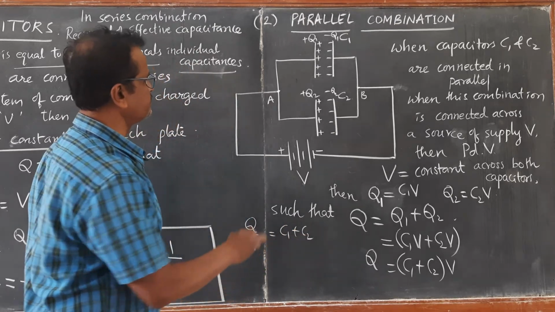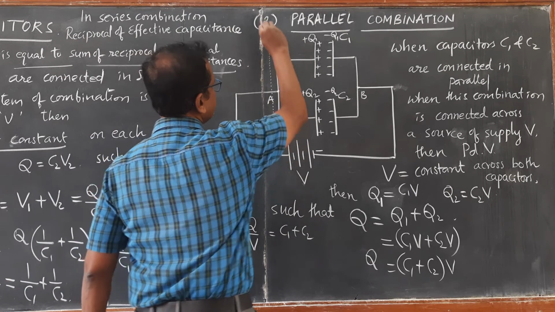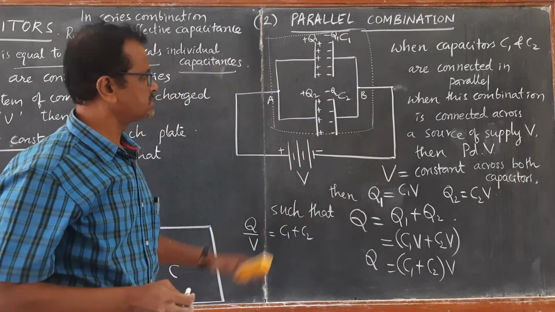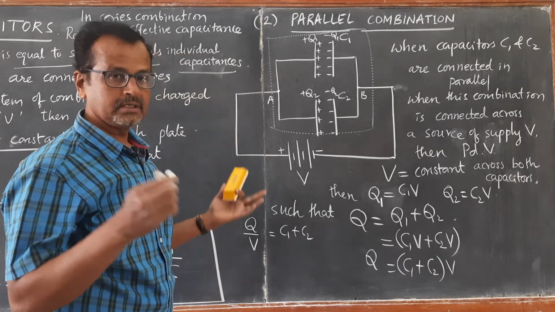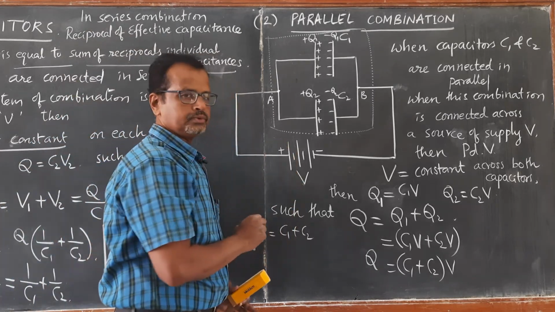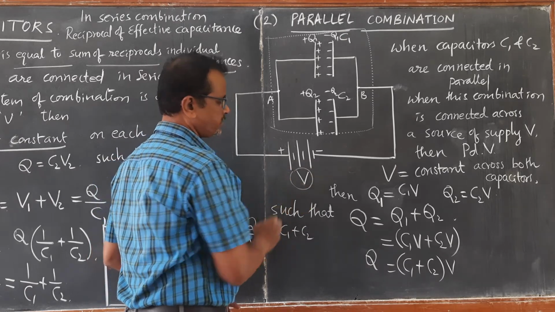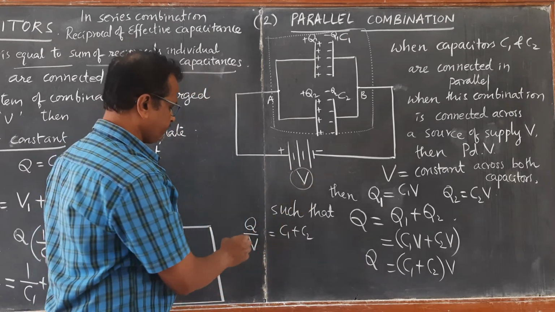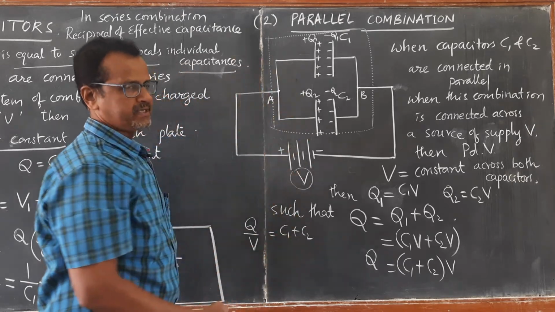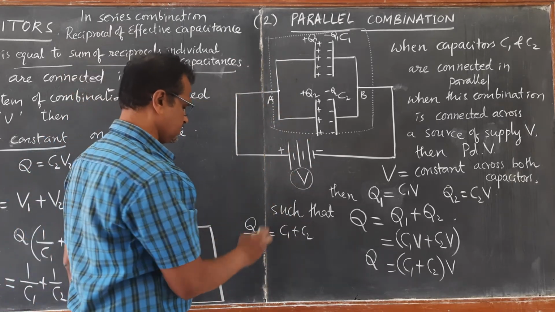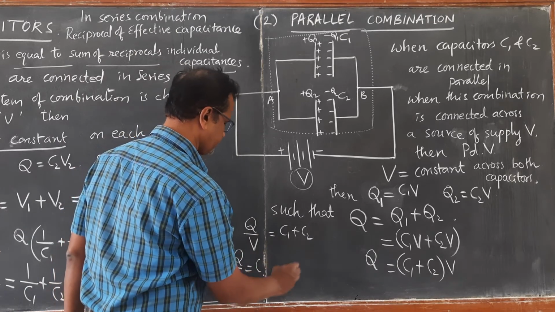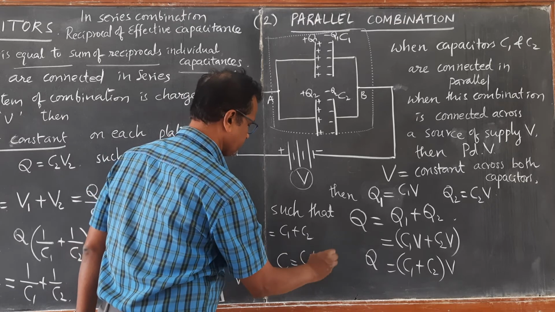If you think that this entire combination is one system having a total charge Q with a common potential difference V, then Q by V gives us the equivalent capacitance C of the combination. So, Q by V is equal to C. Therefore, C is equal to C1 plus C2.